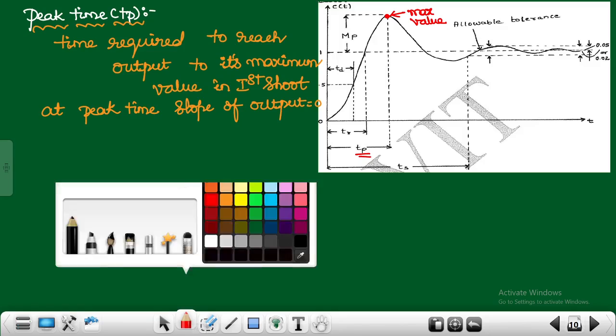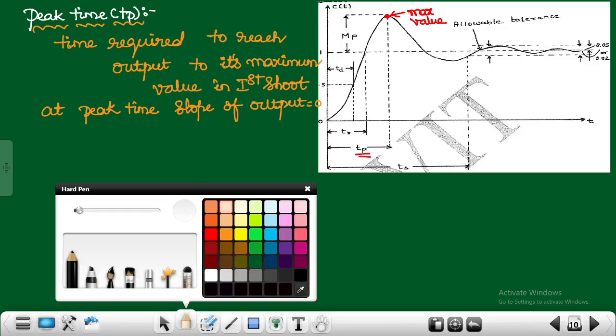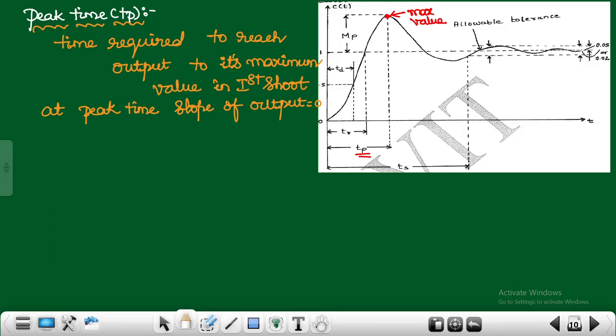So how are you going to get any maximum value or peak value? We will use a mathematical tool, that is differentiation. You have to take the differentiation of the response and make it equal to 0. In another way, we can say the slope of the output will be equal to 0.